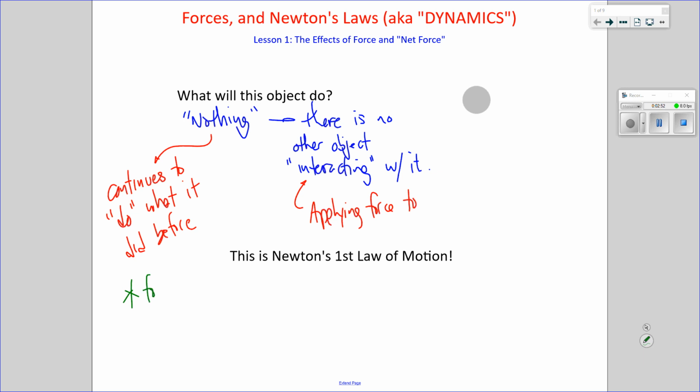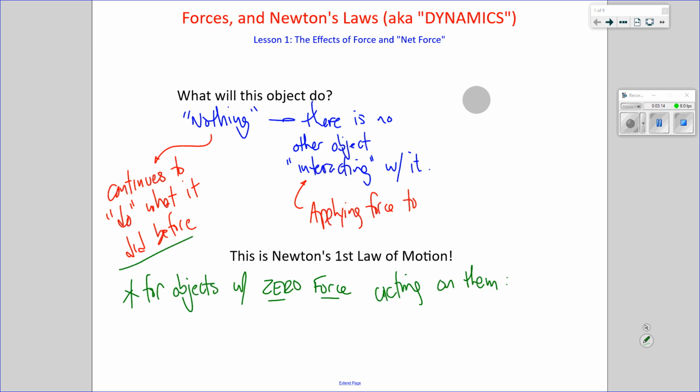So this is for objects with zero force acting on them, exerted on them. What objects will do is they'll do what they were doing before. And when I say do, we're really talking about something we can call state of motion.